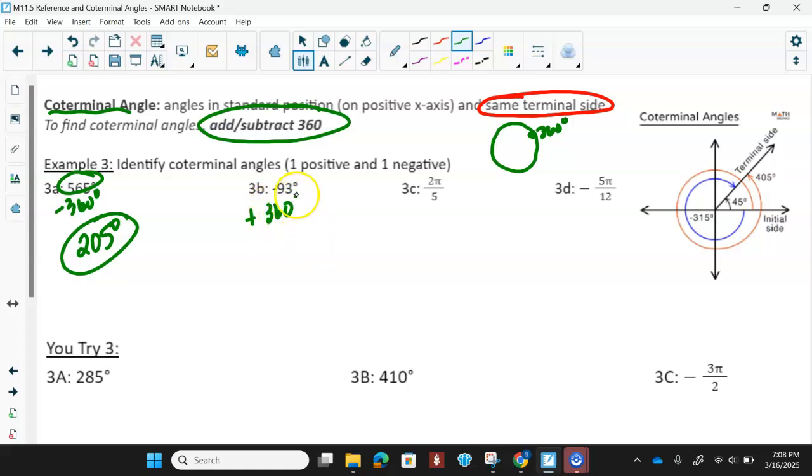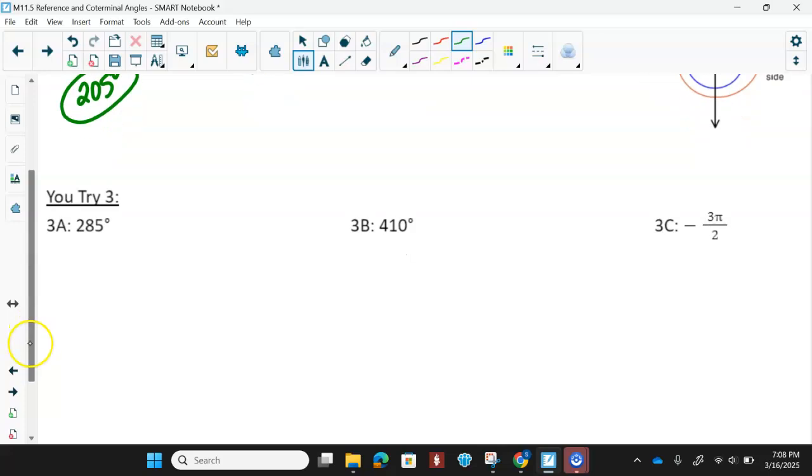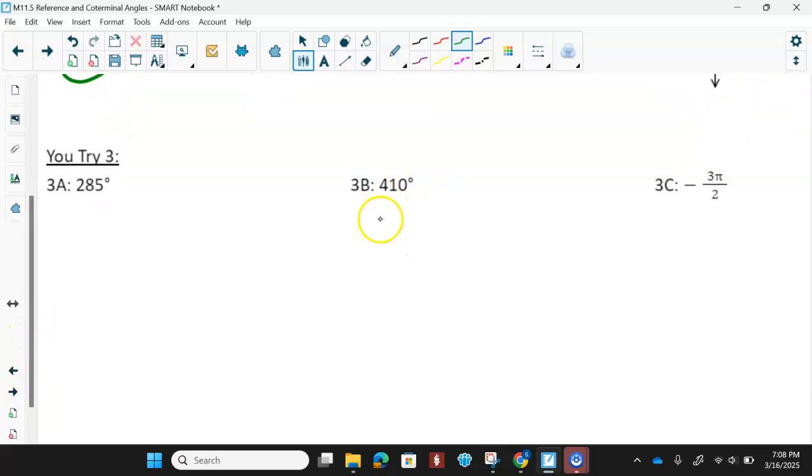All you're doing is adding and subtracting 360. Like here, what would be a coterminal angle to 410 degrees? 50 degrees, because I could subtract 360. So 410 degrees and 50 degrees are in the same position.